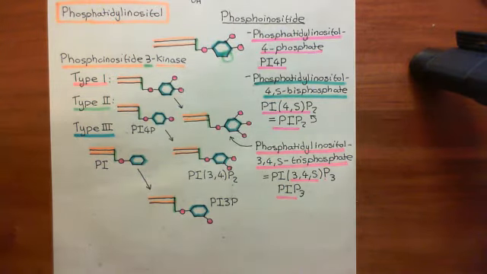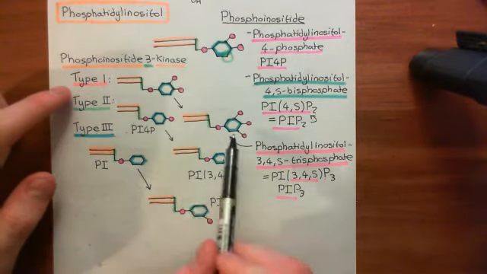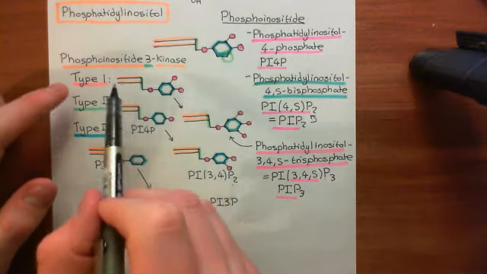Okay, right, so those are the 3 different types of phosphoinositide 3-kinases, and as I say, they differ not in what they do, but what they do it on, basically. They differ in their substrate, and therefore they also differ in what they actually produce as the end product. Okay, right, so in this video we are going to focus on the type 1 phosphoinositide 3-kinases.